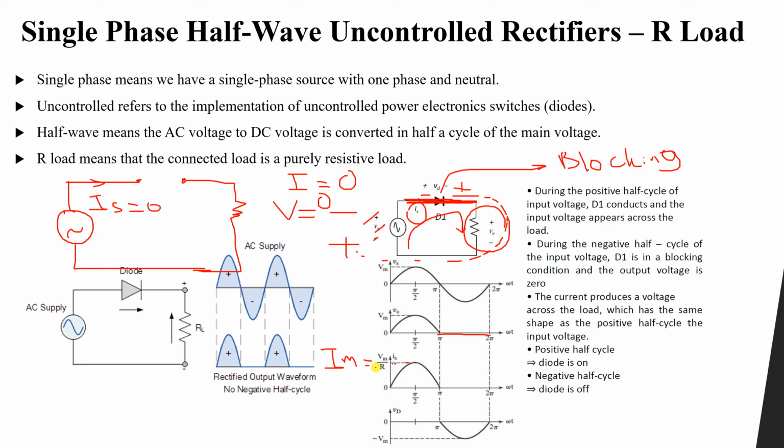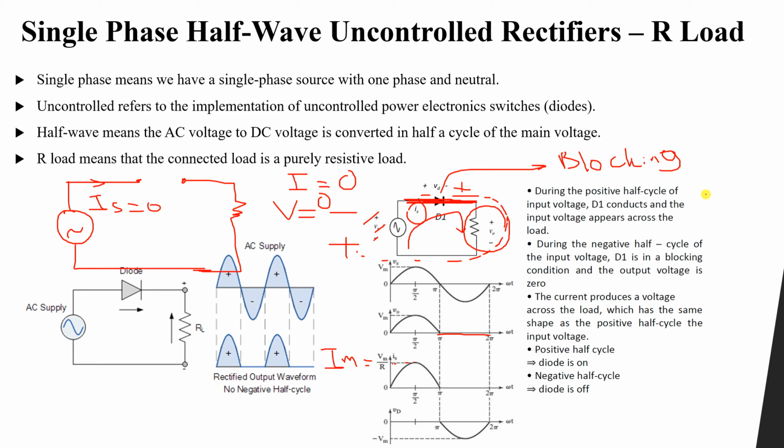This resistance can be the R load, or it can be R load plus the resistance of the diode, if it is non-ideal.